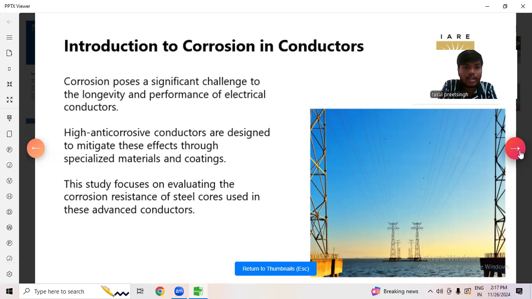High anti-corrosive conductors are designed to mitigate these effects through specialized materials and coatings. This study focused on evaluating the corrosion resistance of steel cores used in these advanced conductors.